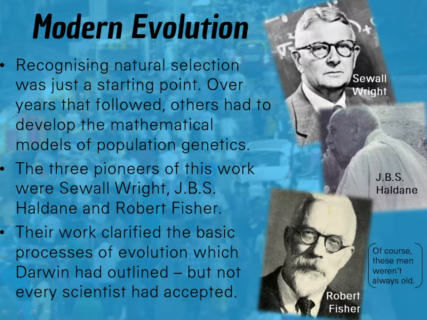All of them there looking pretty old. Of course, they weren't born old men. So their work clarified the basic processes of evolution which Darwin had outlined, but at that time, Darwin's time, not every scientist had accepted it. The work of these gentlemen made it a much more respected scientific theory.